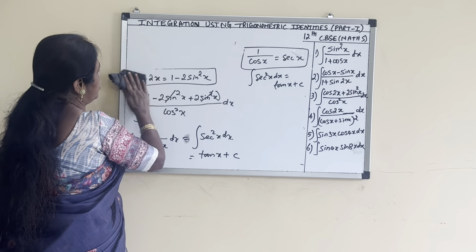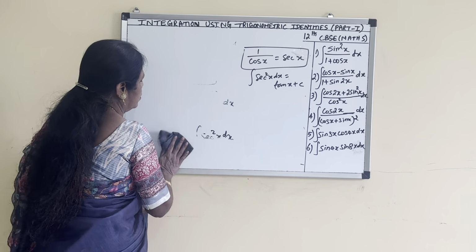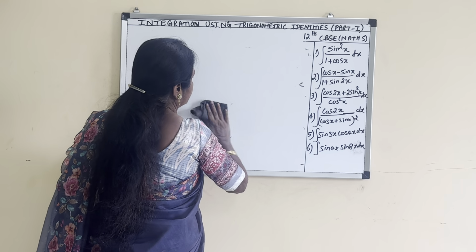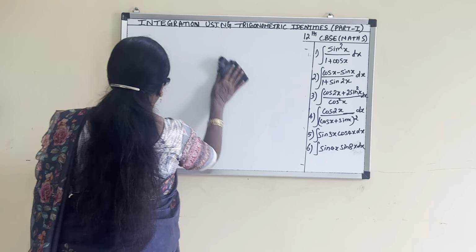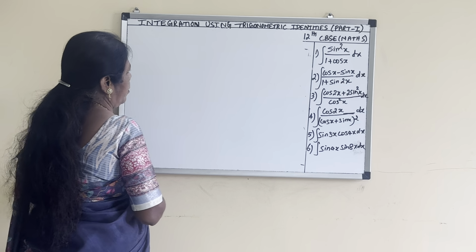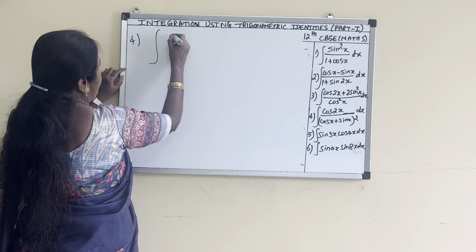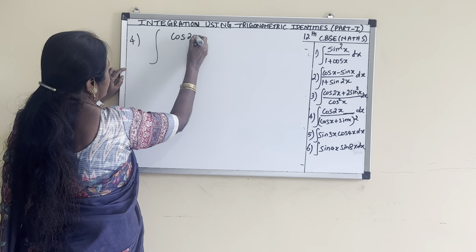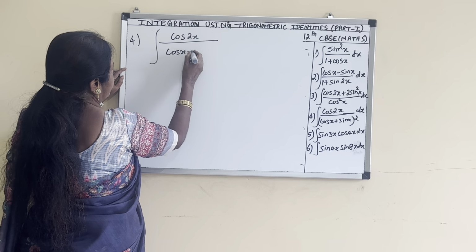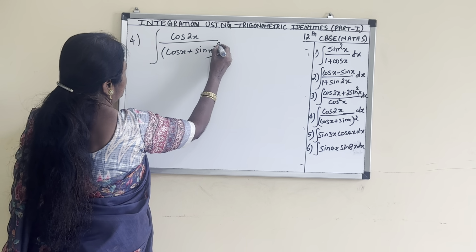The fourth question is integration of cos 2x divided by (cos x plus sin x) the whole square into dx.